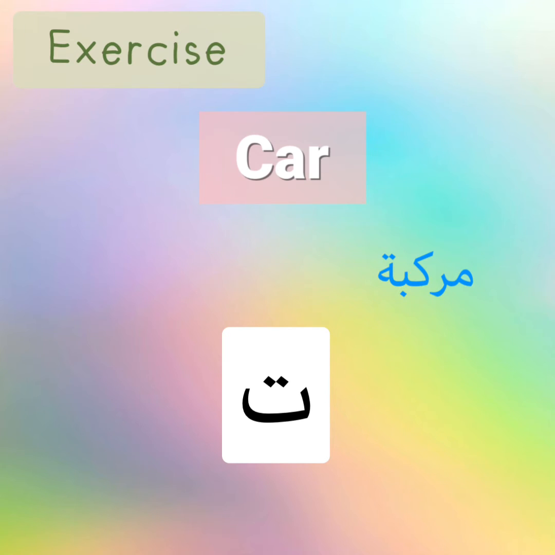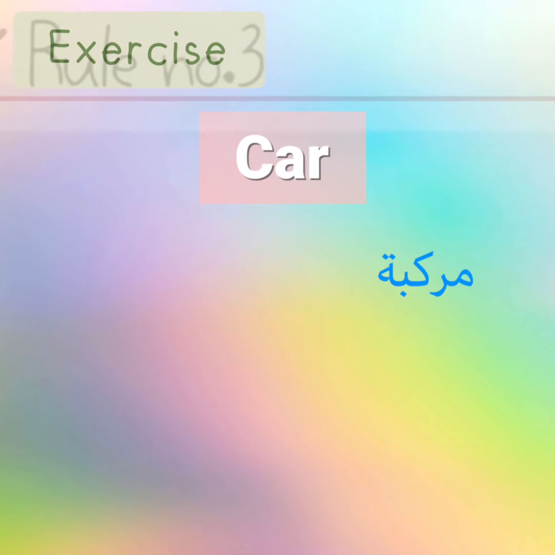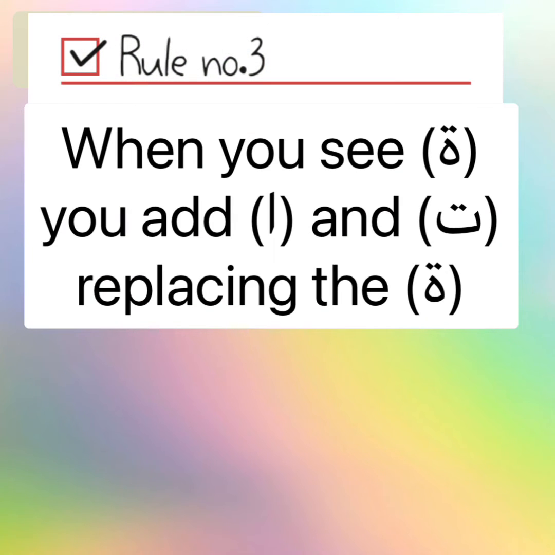Rule number 2, there is a ta marbuta in the end, which means again it can't be applied. That's why there would be a third rule for that, which is when you ever see a closed ta marbuta right in the end of the word, you add a mad and an open ta in the place of the ta marbuta.